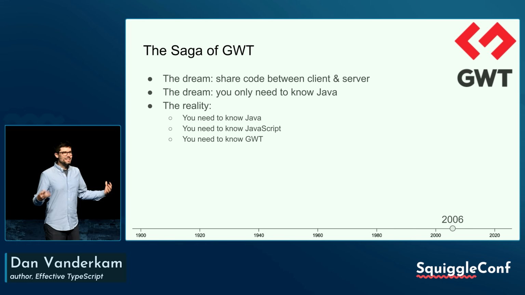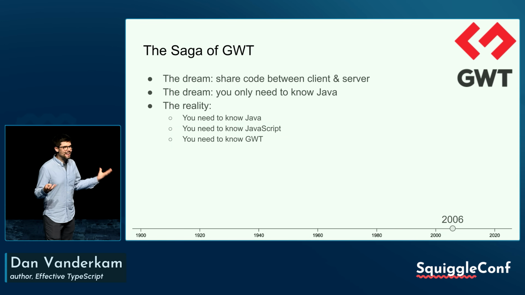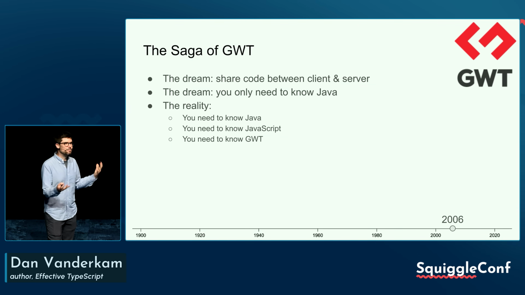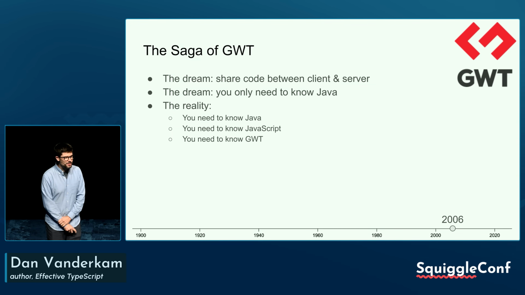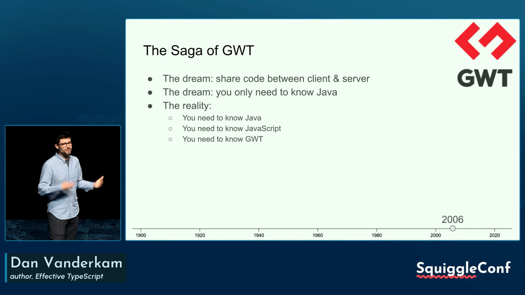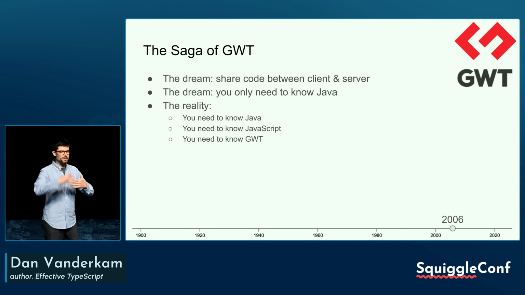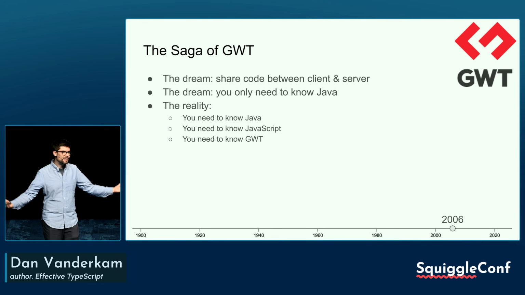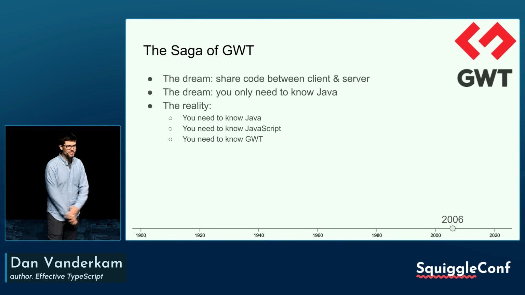So the problem with this is that once you started using GWT, it turned out if you needed to debug things in the browser, you actually still did need to know JavaScript, and you also would sometimes run into bugs with the translation layer. So you really needed to know GWT pretty well, and then of course you also needed to know Java because that's what you were writing things in the first place.